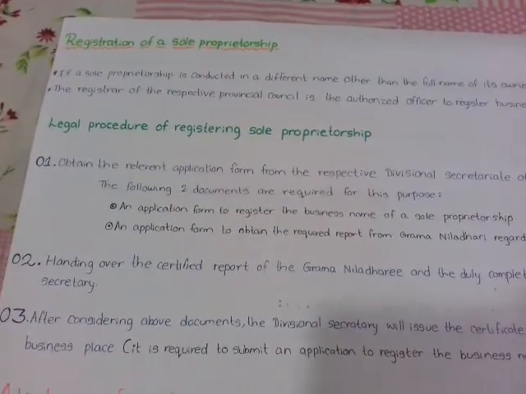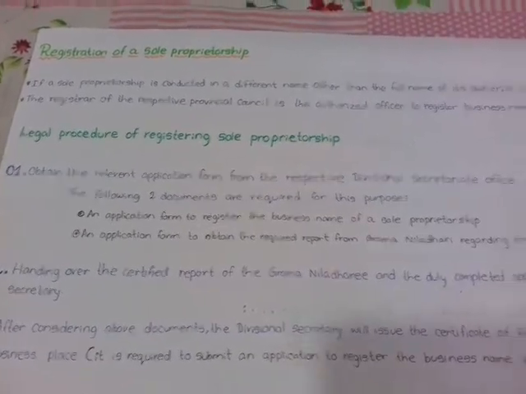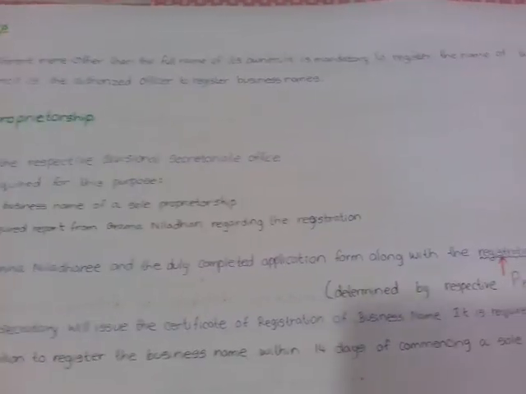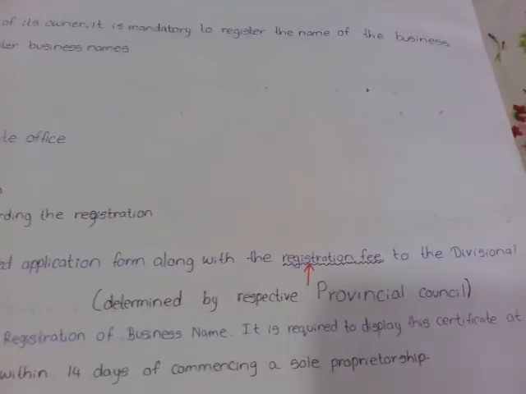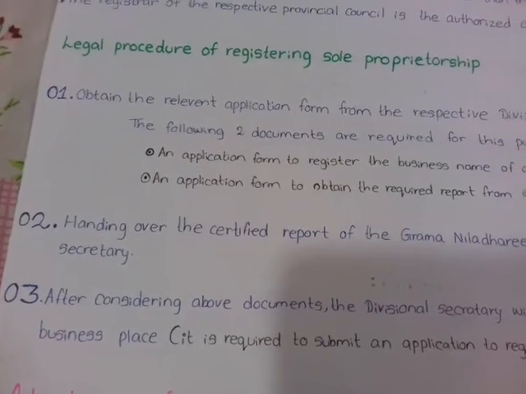So the third and the last step is, after considering about documents, the divisional secretary will issue the certificate of registration of business name, and it is required to display the certificate at the business place.